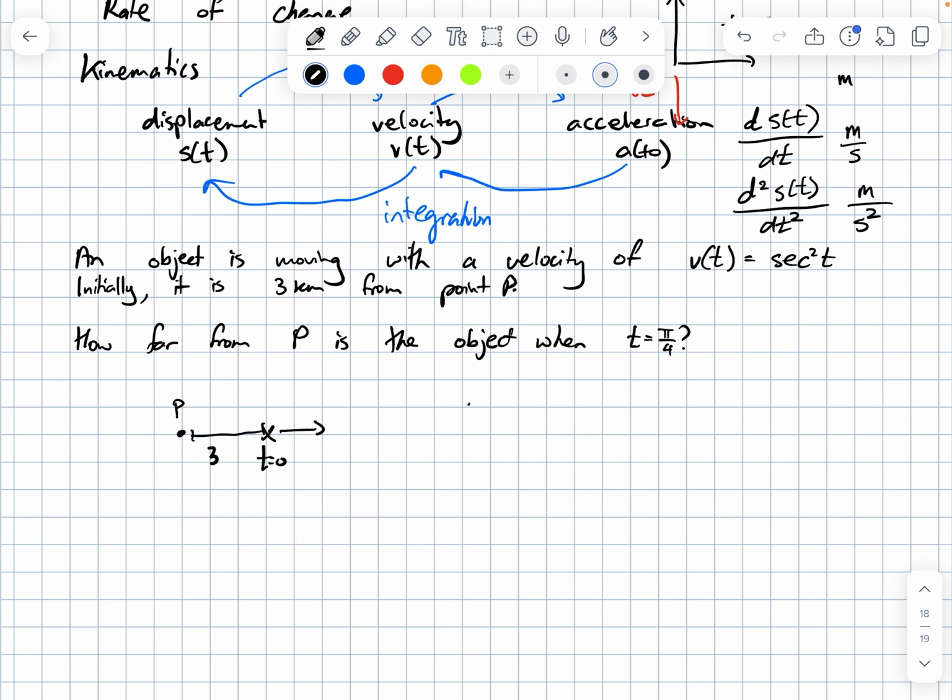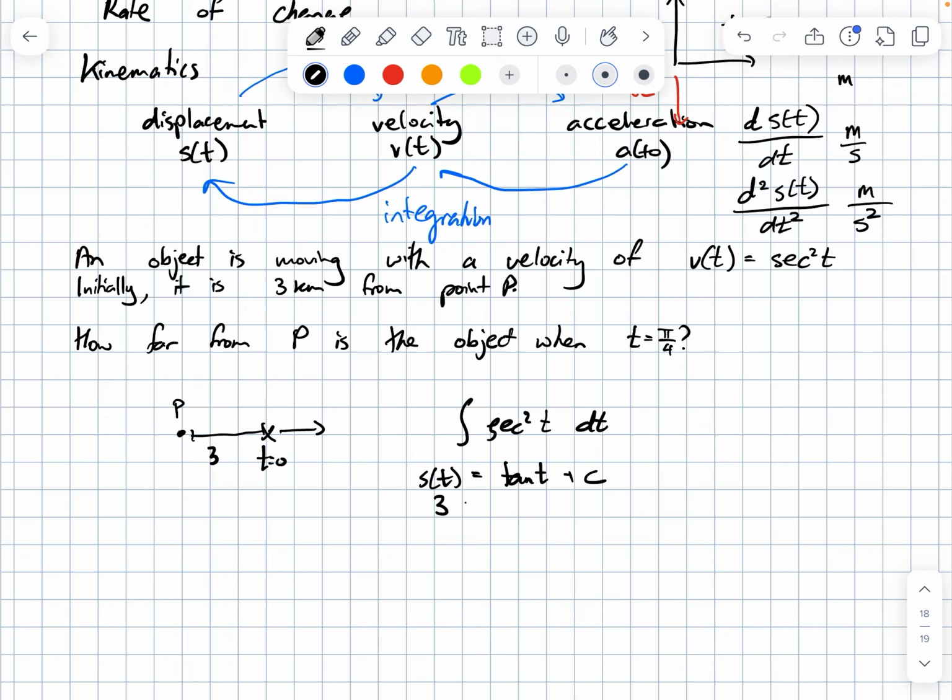So how far from P is the object when t equals pi over 4? We want a displacement because we want distance, so we want to integrate sec squared t. That gives us the displacement equation. Sec squared goes to tan t plus some sort of constant. Now we know that initially means t equals 0. The displacement is 3.